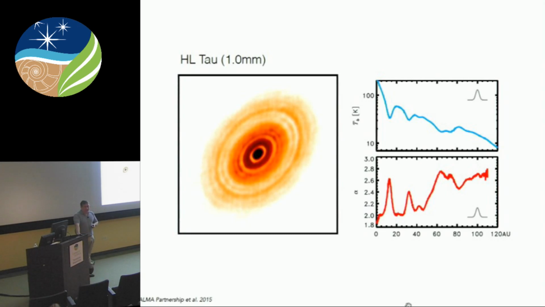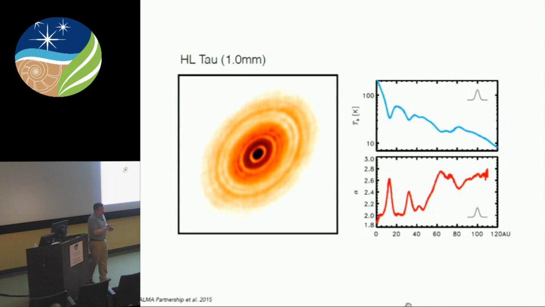It was just a smooth looking disk. And I distinctly remember the email asking me my opinion on if HL Tau was an interesting science target. And I remember shamefully responding that it was a stupid science target because it's a very young source. It's partly embedded in an envelope, and no one's really interested in it from the disk and planet formation perspective.